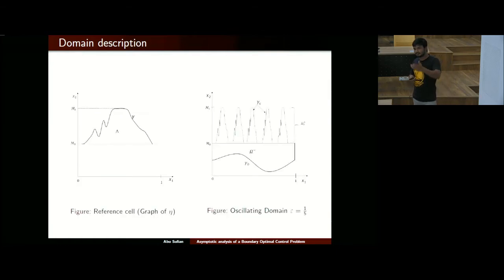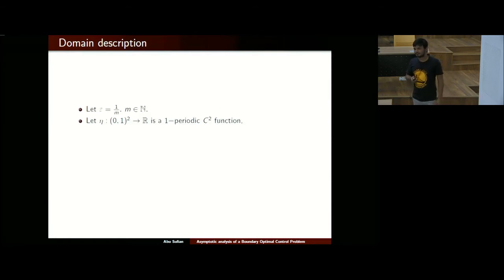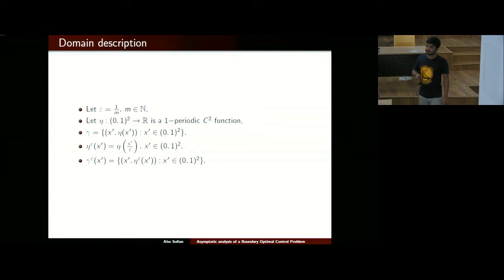This gamma is basically the graph of a function eta on (0,1), assumed C2 just for simplicity; it will also work for piecewise linear or piecewise smooth functions. Gamma is the graph of eta, eta epsilon is just eta of x by epsilon, and gamma epsilon is the graph of eta epsilon.